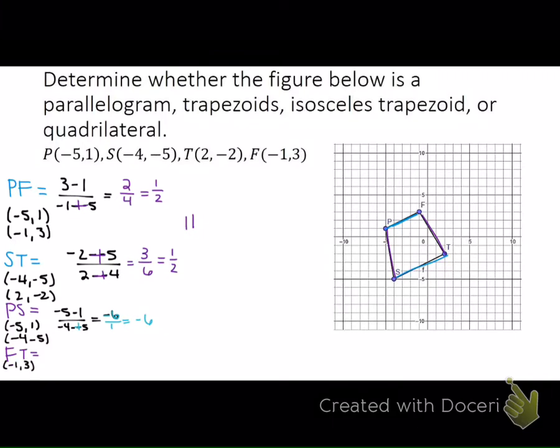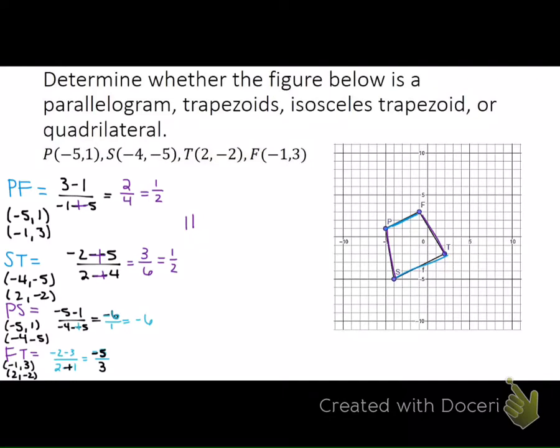Negative 1, 3, 2, negative 2. So that's negative 2 minus 3, 2 minus negative 1, is negative 5 over 3. So are these sides parallel? Are those ones parallel?